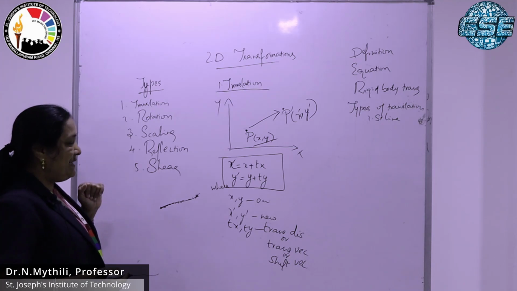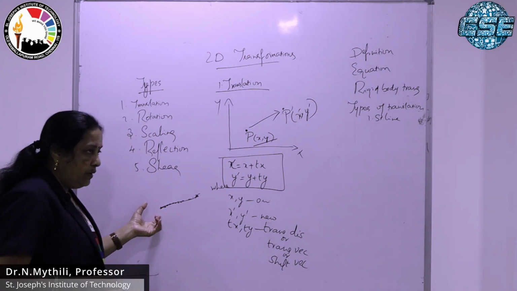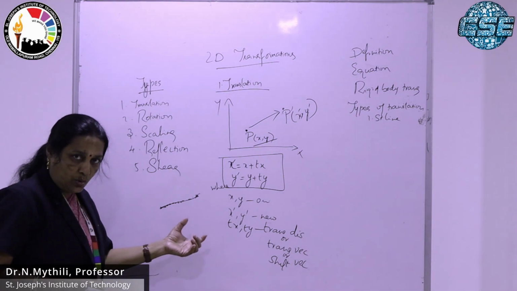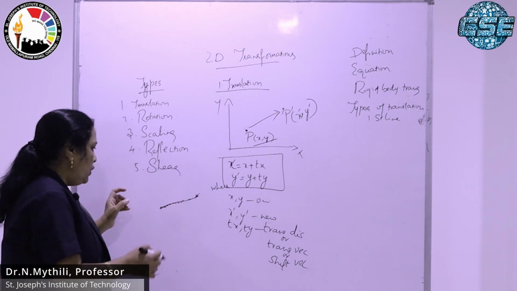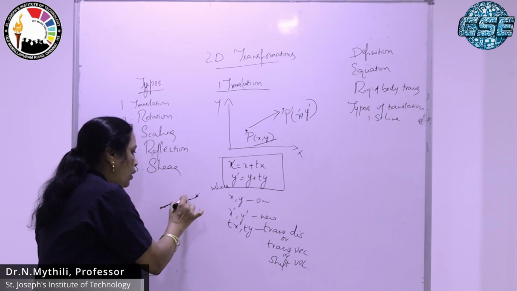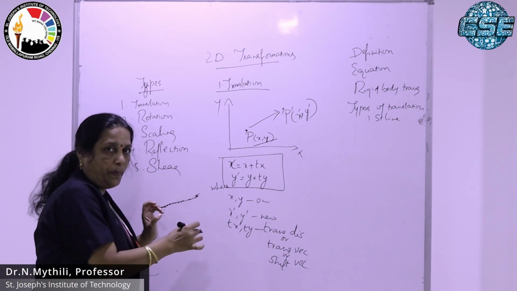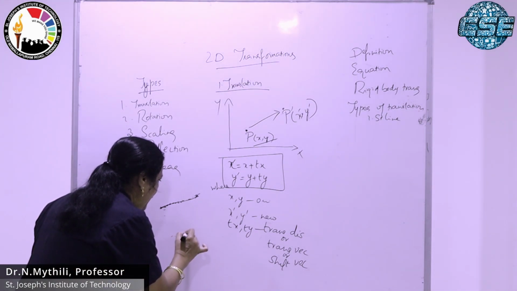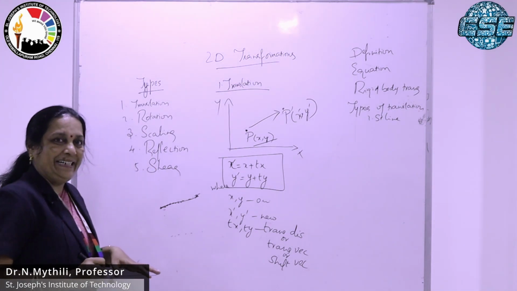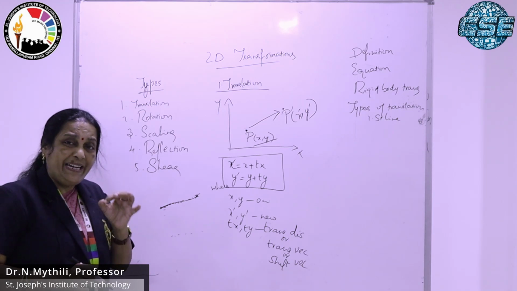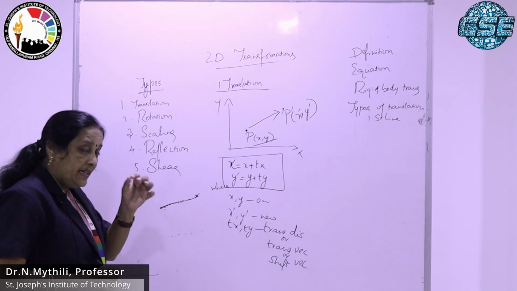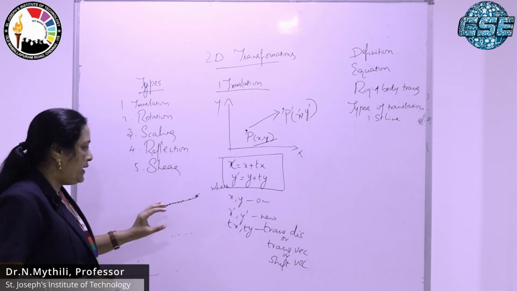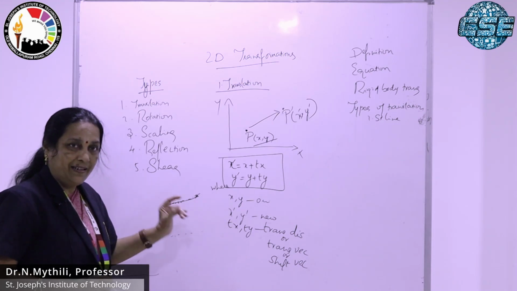But for translation, when you redraw the line in some other position, we would have to apply the translation equation to all the points between these two points. But there is no need to apply the translation equation to all the pixels of the line.